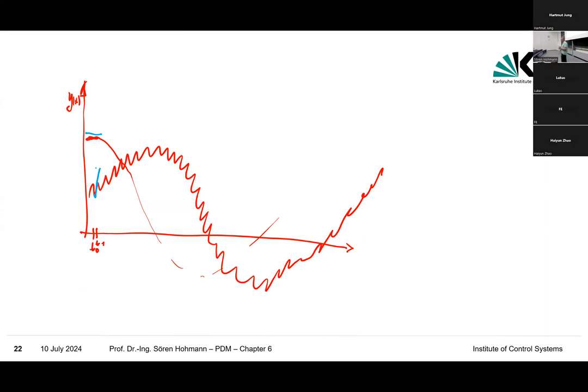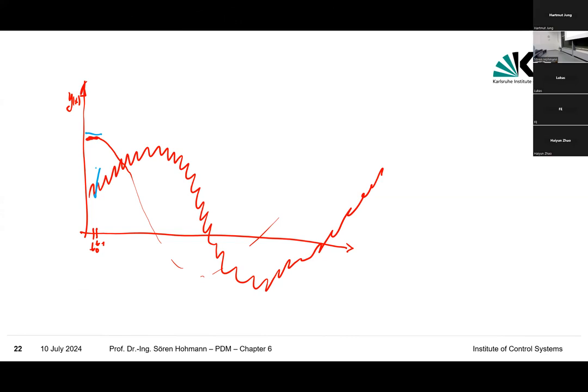If you have noisy measurements, so fluctuations, white noise, whatever you like, then your derivative calculation becomes the most important part of this procedure, right? So what can you do if you want to do the calculation of the derivative of a noisy measured signal? Noisy signal, I would want to say.